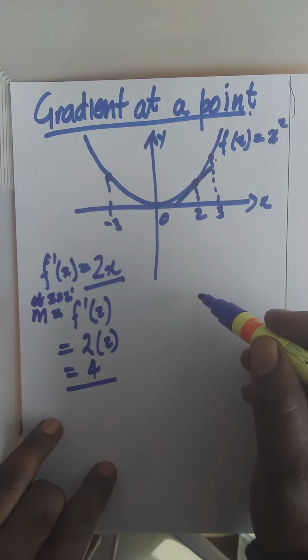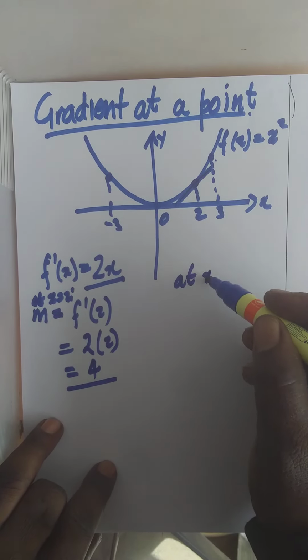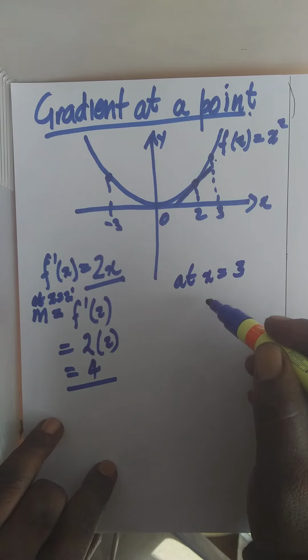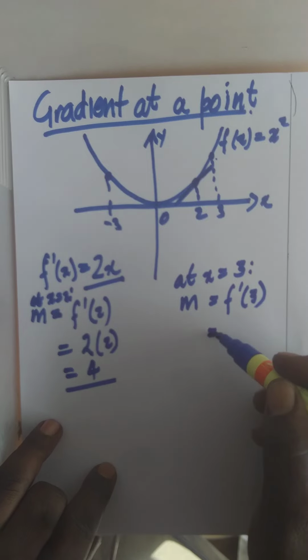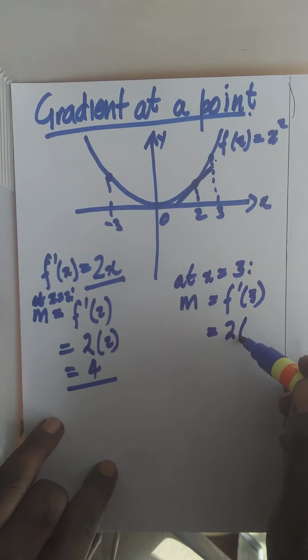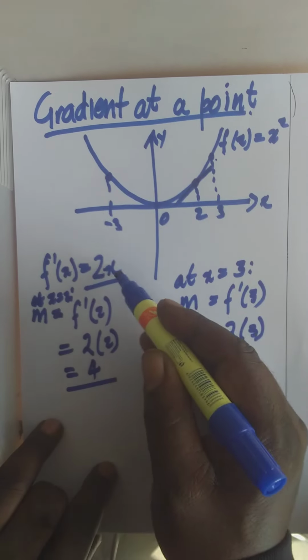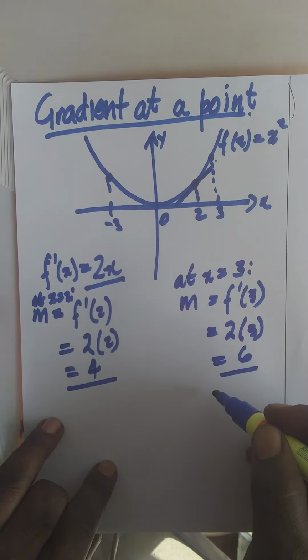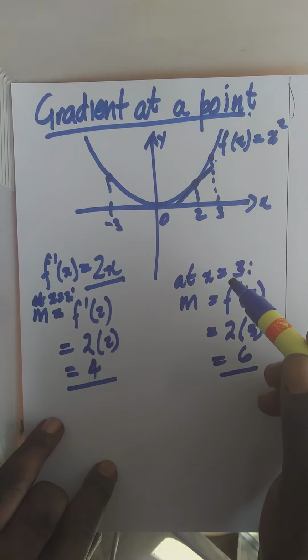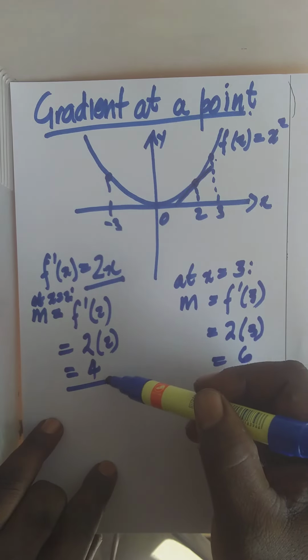So what about at x is equal to 3? At x is equal to 3, the gradient will be equal to f prime 3, which is 2 multiplied by 3. Remember f prime 3, you go to f prime x, you substitute x by 3, which is equal to 6. Now, at x is equal to 2, the gradient is 4.